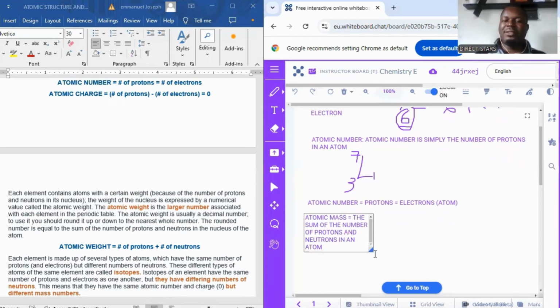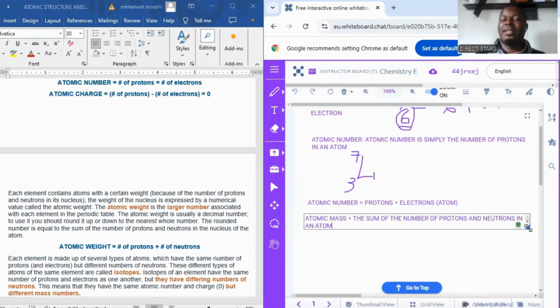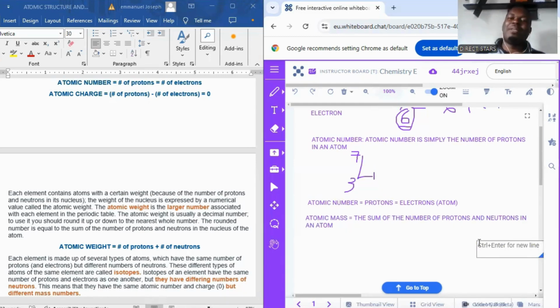So that is, I see the atomic mass as what you can find in the nucleus of the atom, because those are the particles that determine the mass, the weight of the atom. So the protons and neutrons that are found in the nucleus determine the weight, because the mass of an electron is infinitesimal, almost negligible.